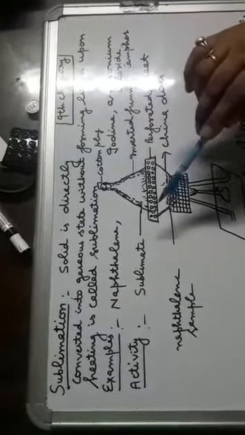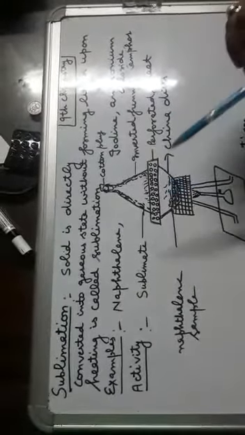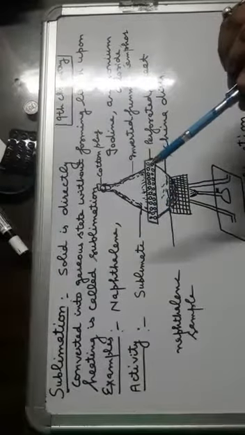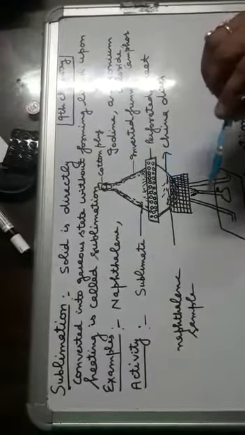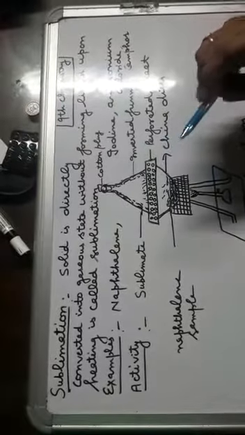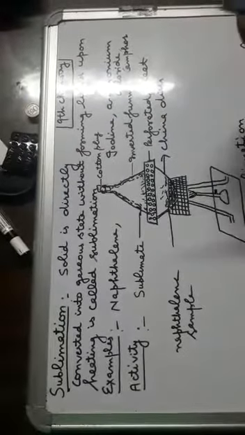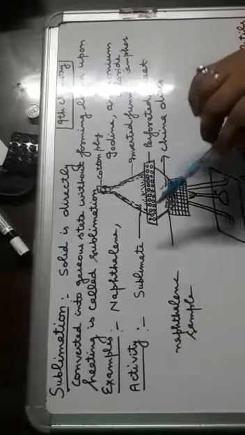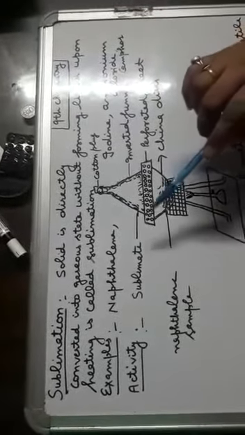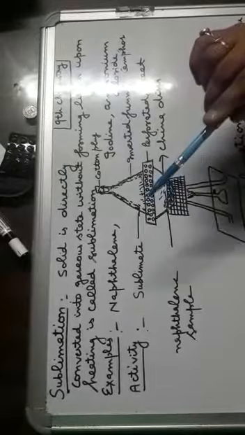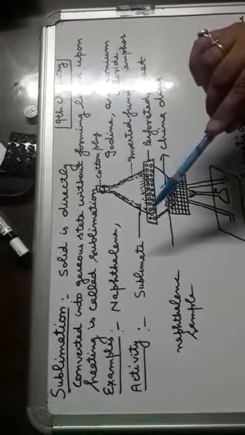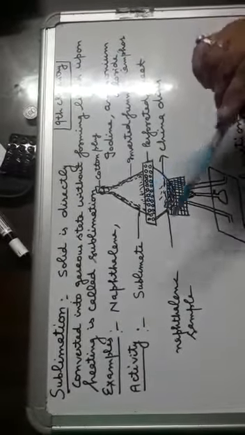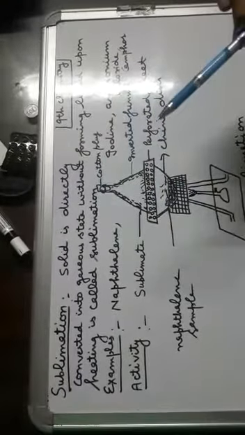The examples of sublimation are naphthalene balls. Naphthalene balls, you commonly say phenyl diyan goliyan. These are kept in the summer season in the clothes to protect your warm clothes from any type of organism.